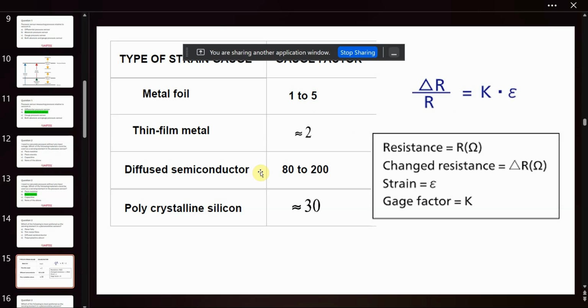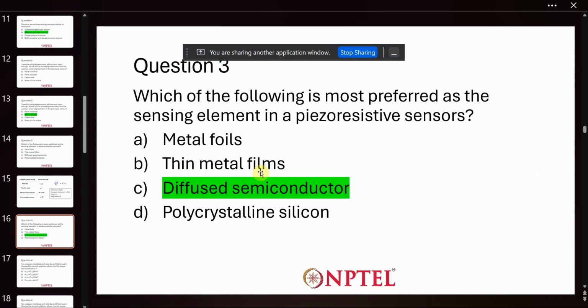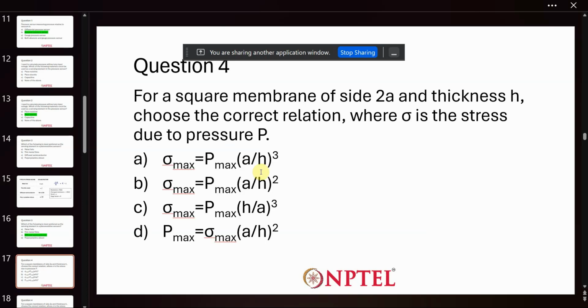If the gauge factor is high, even with small deformation in the pressure sensor you will see a large change in the resistance, because the high gauge factor amplifies the signal. That is why we prefer materials with a very high gauge factor, which is diffuse semiconductor. This is related to the formula which you have seen in the lecture slide.